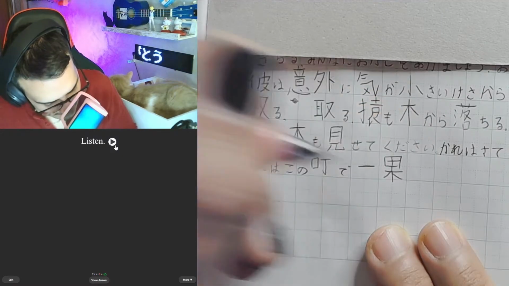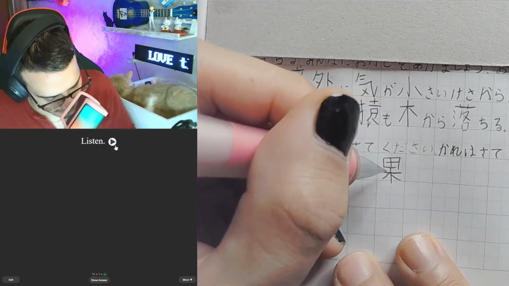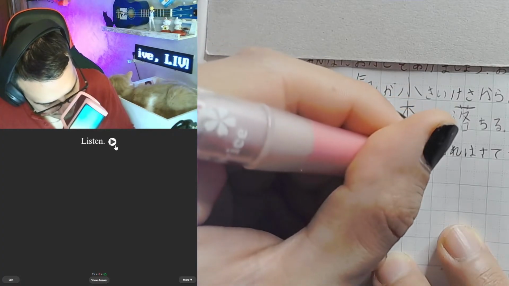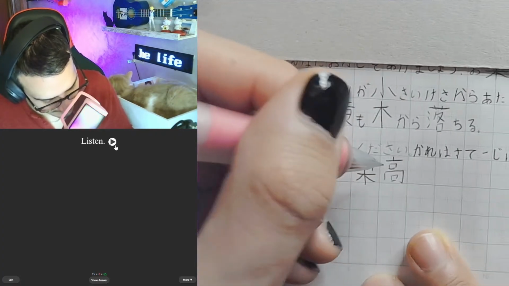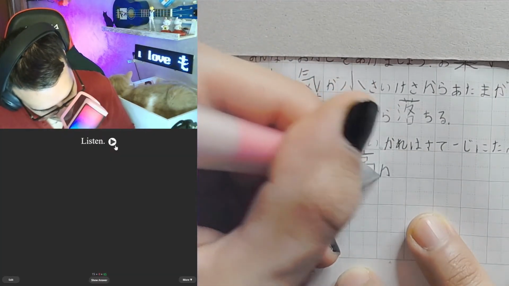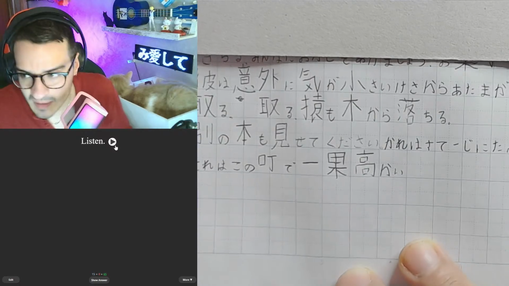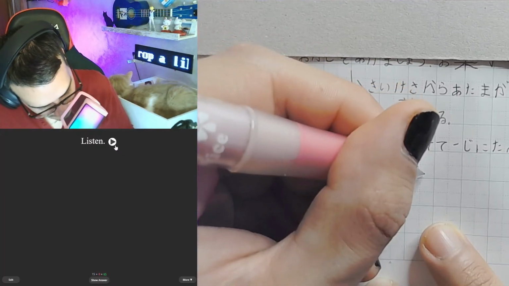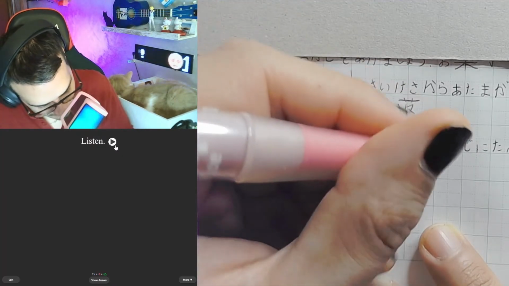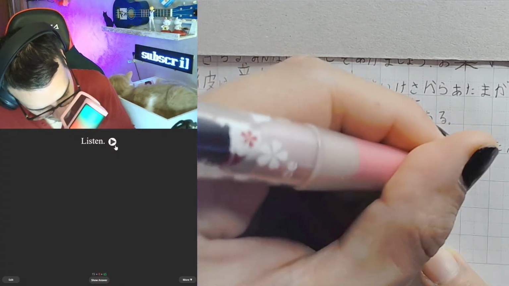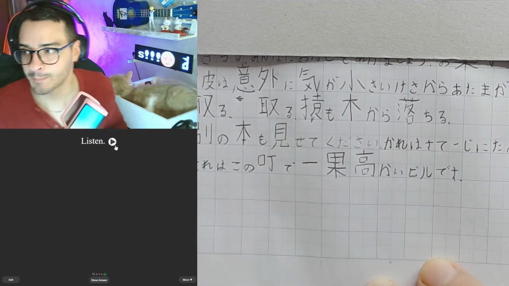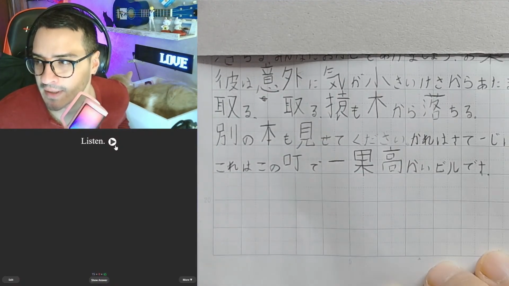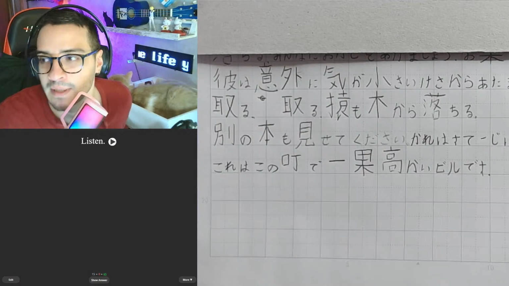And ki, maybe something's wrong. 一番高いビル。これはこの町で一番高いビルです。So meaning this is the tallest building in town.